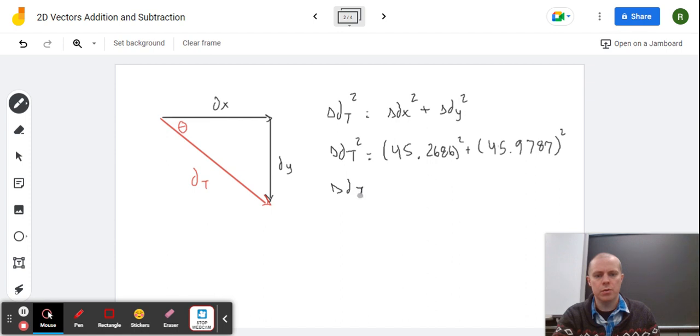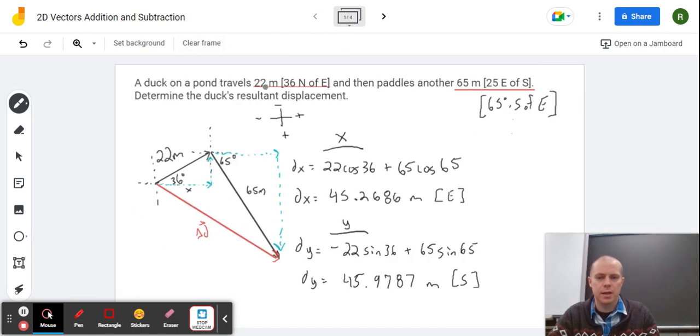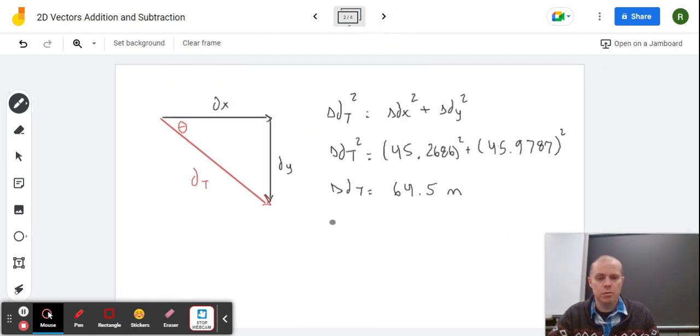So put this in my calculator. 45.9787 squared plus 45.2686 squared. Then I take the square root of that, and I'm going to get 64.5 meters. And if I look back, I am held to 2 significant digits. So my delta dt is going to be 65 meters.